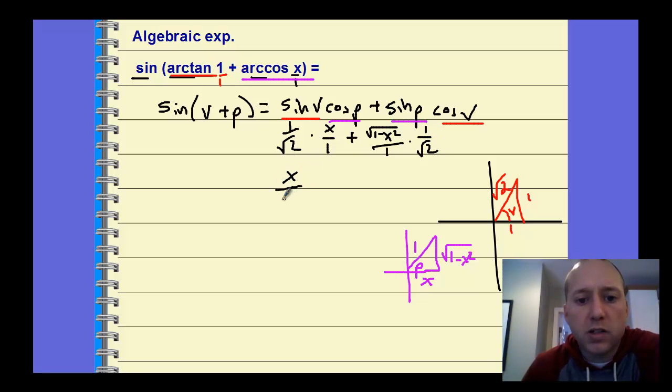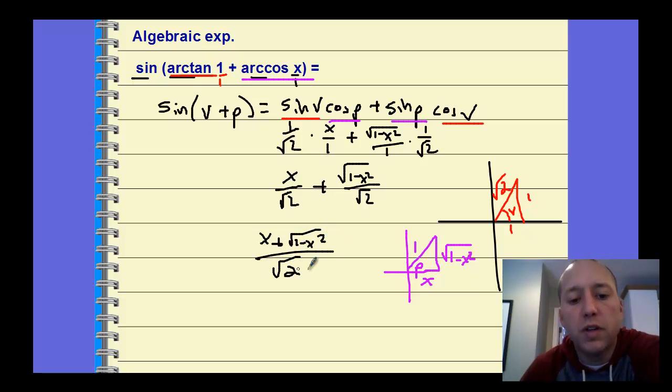So if I multiply it, x over root 2 plus square root of 1 minus x squared over root 2, which already have a common denominator. So this is going to be x plus root 1 minus x squared all over root 2.